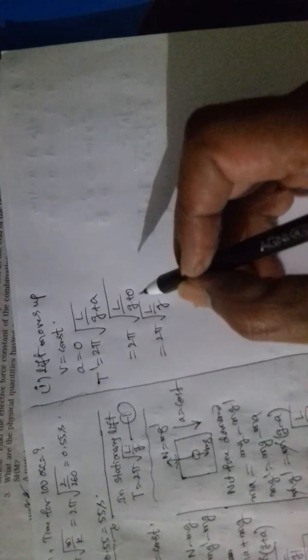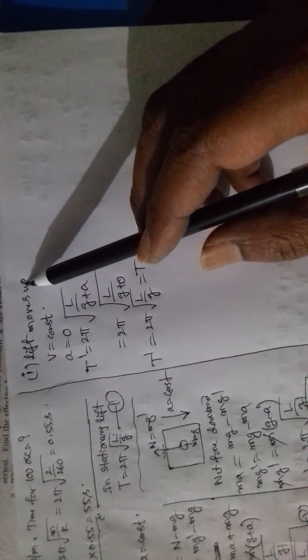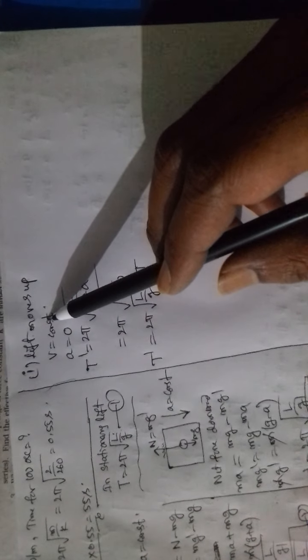You get 2 pi root L by g. But this value is when lift is stationary. That is, if the lift is moving up with constant velocity, the time period is not changing.